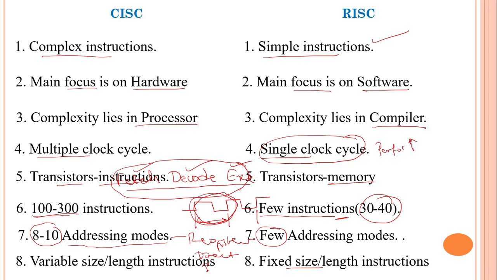If the performance increases, you will get the output immediately. That is the main advantage of the RISC processor. It has the required number of instructions and the required number of addressing modes compared to the CISC processor. The main disadvantage of the CISC processor is that the complexity is more.